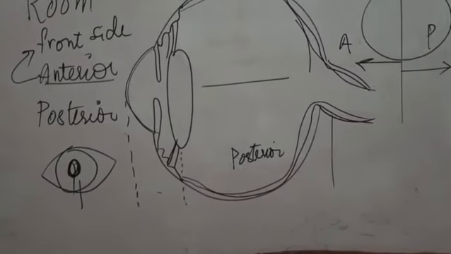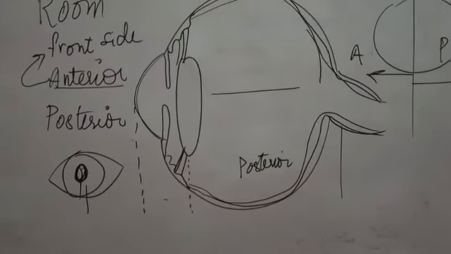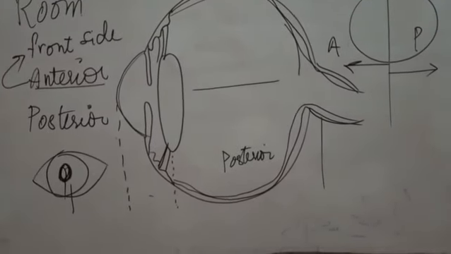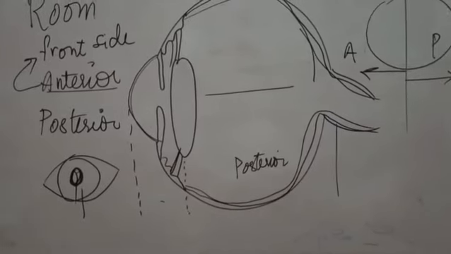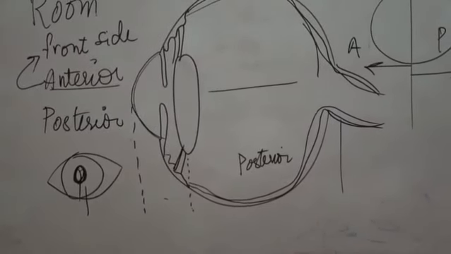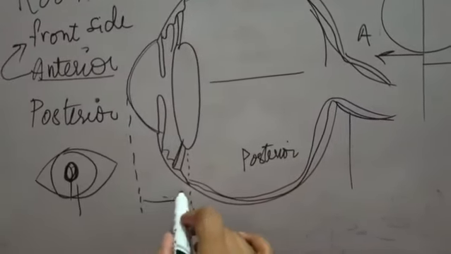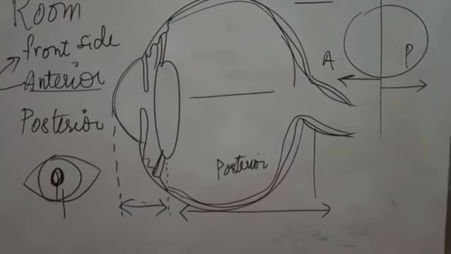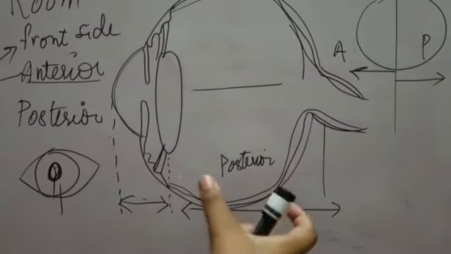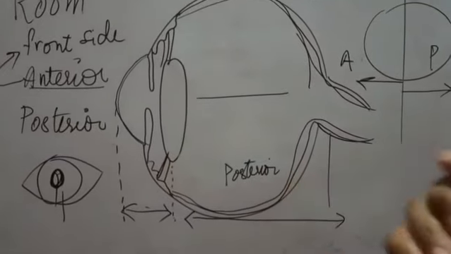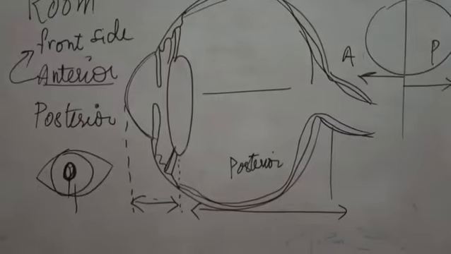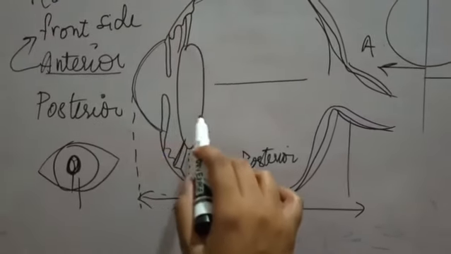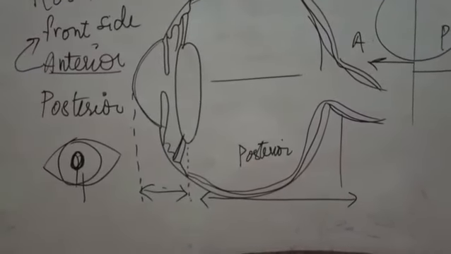Now, is it a chamber or is it a segment? Now the confusion begins. Again, I said the front side is the anterior while the back side is the posterior. Now you can see these are the big portions, from the lens to the retina, it's a huge portion. From the cornea till the lens, it's a huge portion.